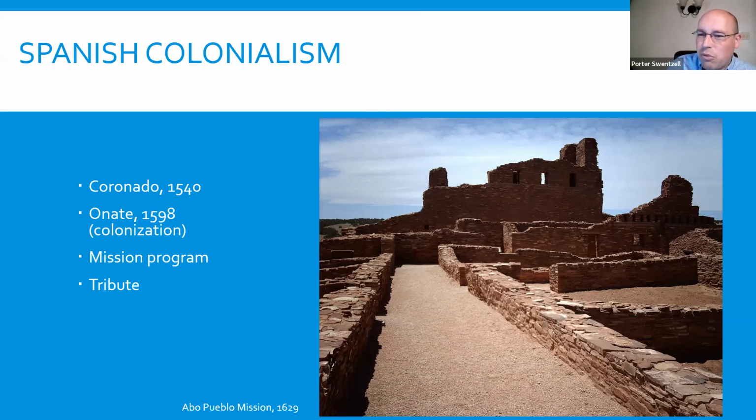These mission complexes were not just a church. They had the church there, but on the side, you always had the convento, which included workshops and storage and granaries and processing places and stables and living quarters and all sorts of stuff, right?